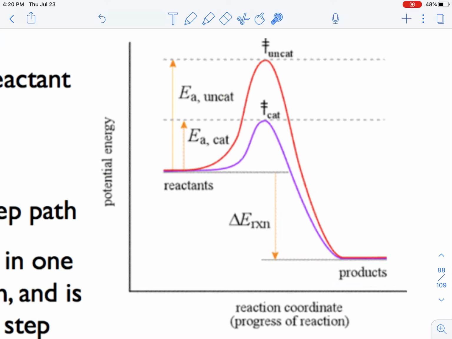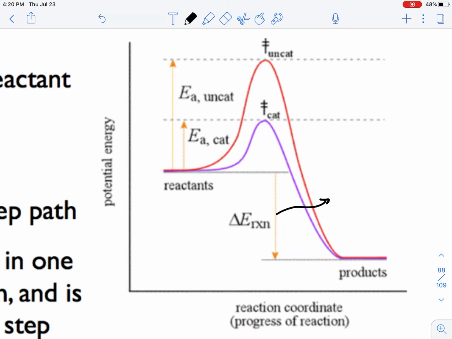Well, for this exothermic process, this example, so this is an exothermic potential energy diagram, this is telling us that the change in enthalpy, delta H, between reactants and products will still stay the same.